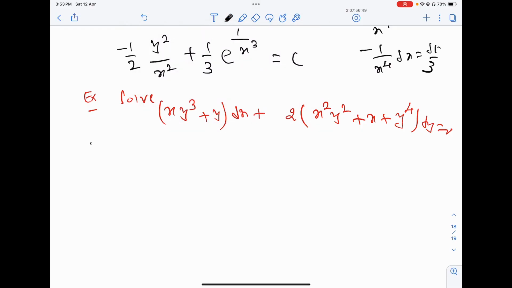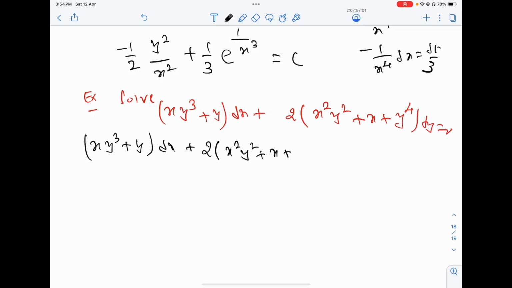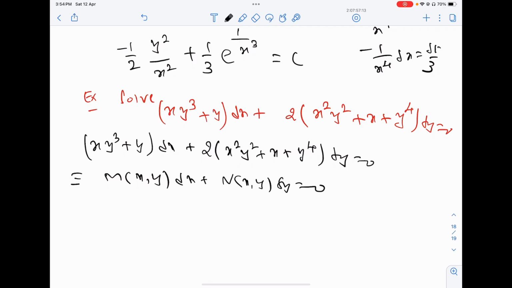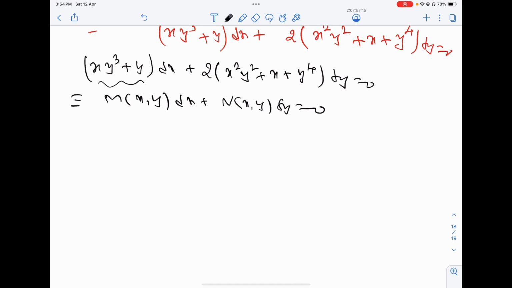So we have xy cube plus y dx plus 2 times x square y square plus x plus y to the power 4 dy equal to 0, and this is M dx plus N dy equal to 0. Let us take the derivative.